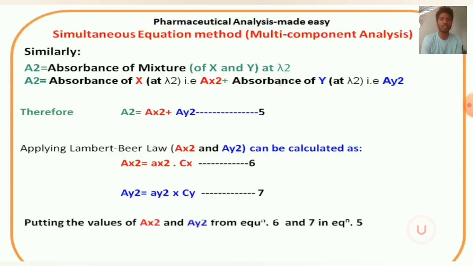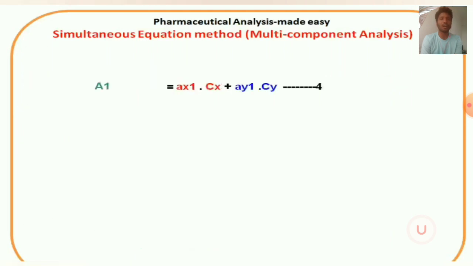Now putting the values of AX2 and AY2 from equations 6 and 7 into equation number 5, as you can see, equation 8 is formed. Now we rearrange equation number 4 for the calculation of Cy.